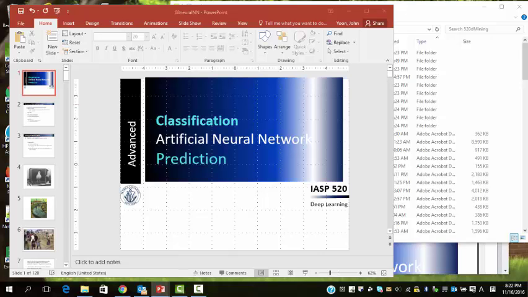Okay, so another calculation here. We need to have errors. Error and delta, so-called. Error is nothing but, for example, this is your other level, and this is your ideal output.